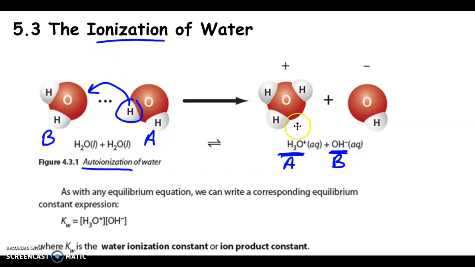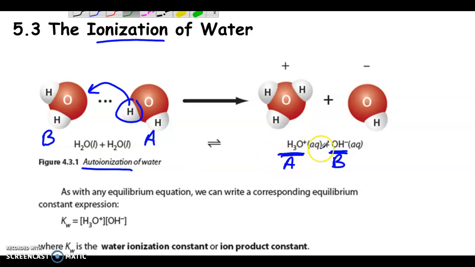So as a result from that, we do have an equilibrium process, and the products here are hydronium and hydroxide. So actually any pure water, I don't want to say solution, but technically it is a solution now because it does have ions present.